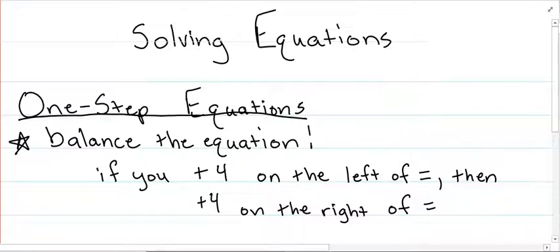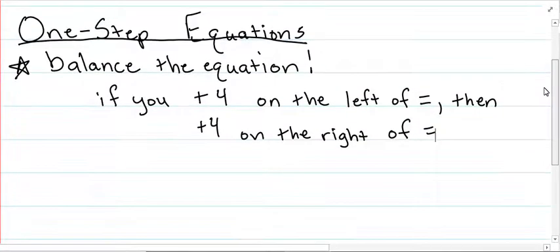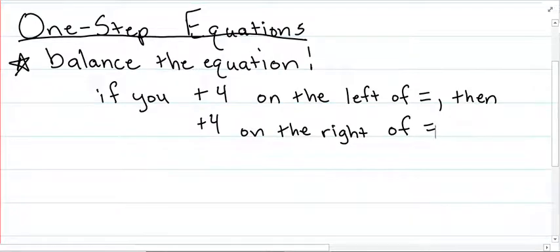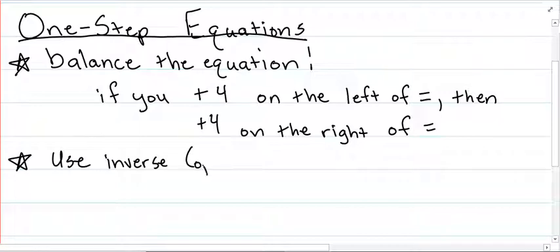Now, deciding what new operation that we're going to use, we're always going to use the inverse operation, or I can say the opposite. So we're going to say use inverse, which is basically the opposite, operations to get the variable by itself.